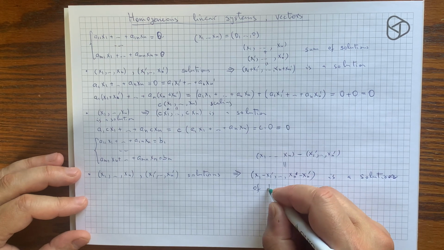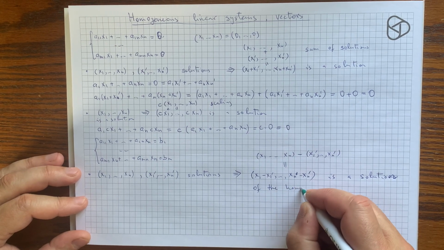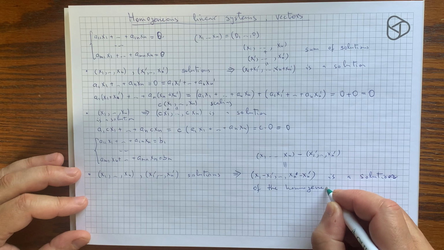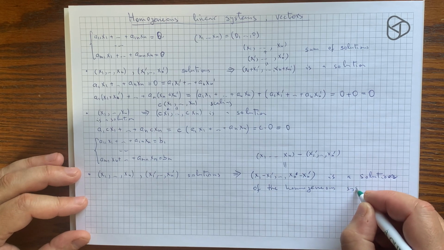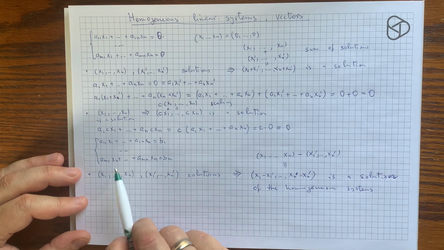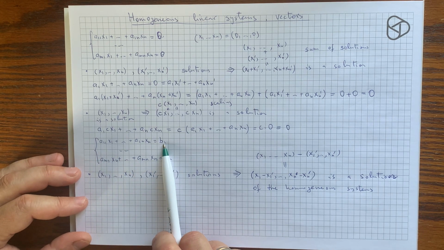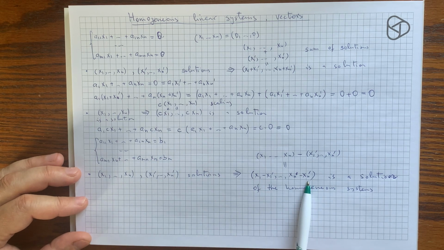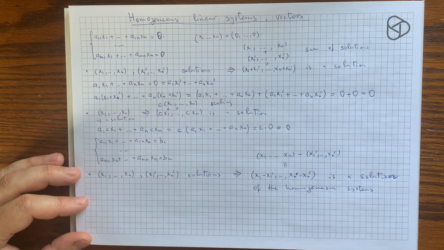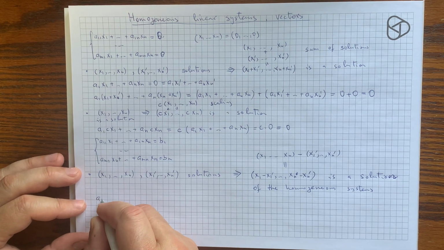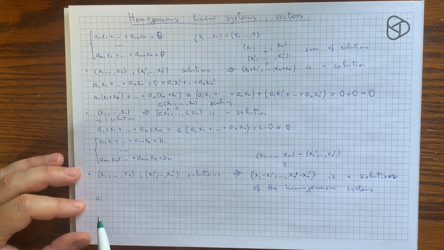So that will be the homogeneous system corresponding to the left-hand side. Meaning that when we change the right-hand side to 0, then this new vector of differences will be solving all the equations in the system. So let's again check for one of them.